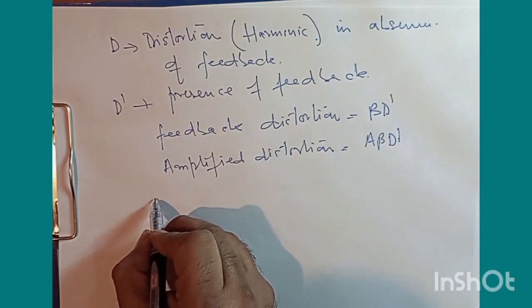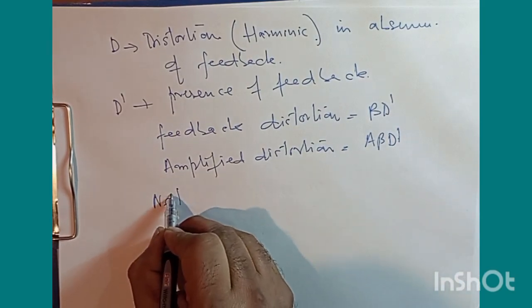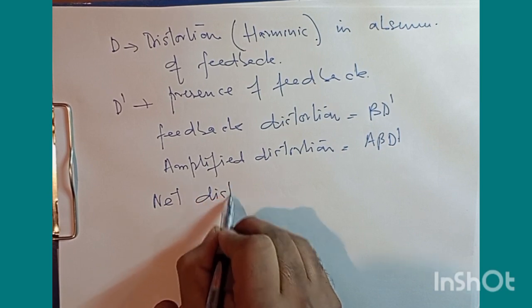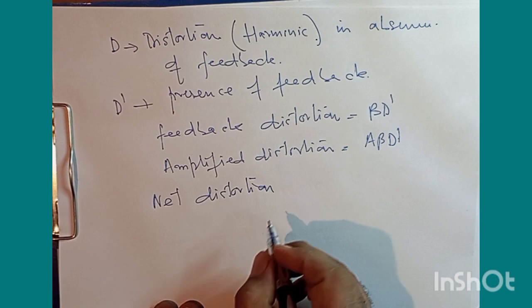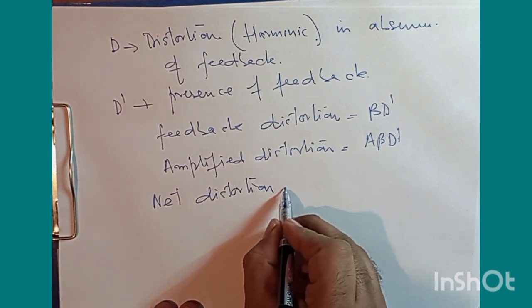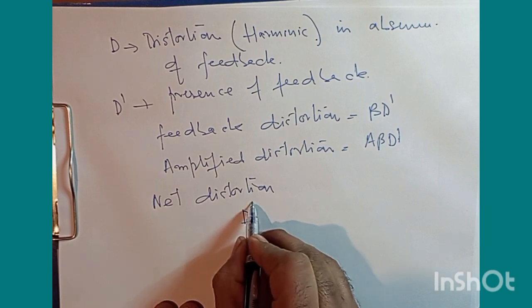So I would like to write the net distortion. What will be the net distortion? That net distortion I will write as D dash.